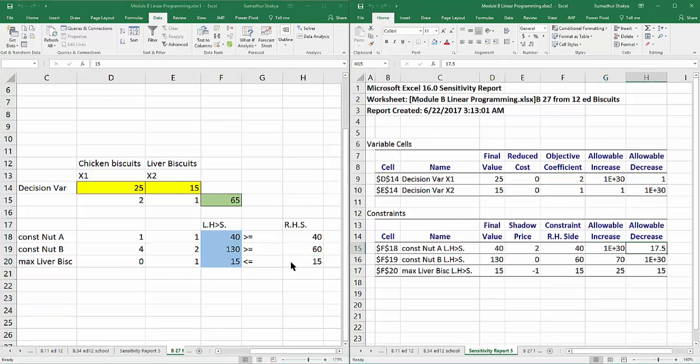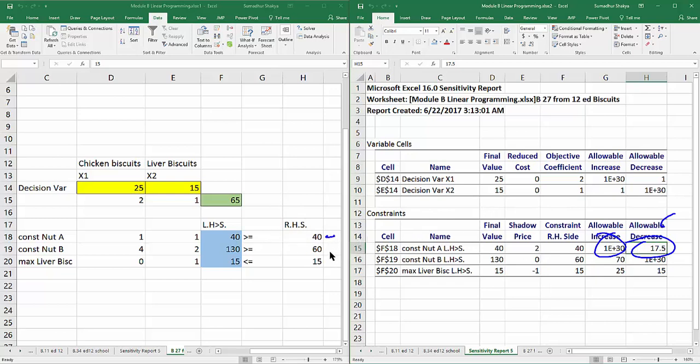In terms of allowable increase, on the upper end this is not limited, so it can go as much as it can, that's why allowable increase is infinity, and that's how the spreadsheet represents this. Allowable decrease is 17.5, so it can go 40 minus 17.5.